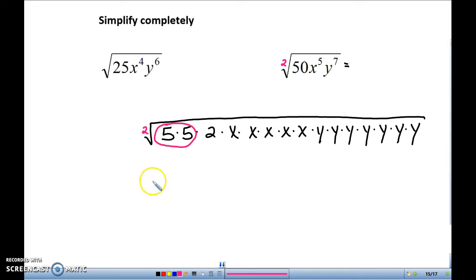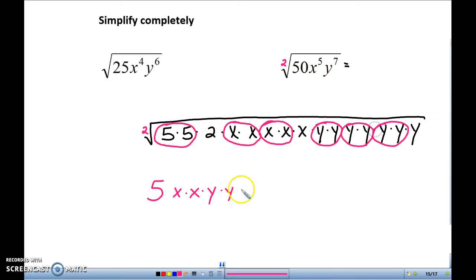There's a group of 2 there, so I get my 5. Here's a group of 2 x's. It comes out as a single x. Here's a group of x. It comes out as a single x. A group of y, a group of y, and a group of y.